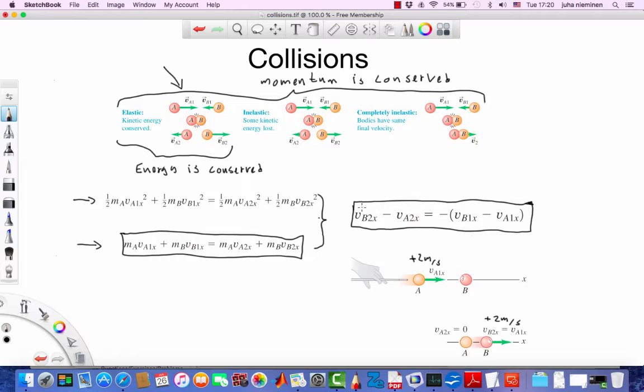So no matter if the movement is two or three-dimensional, we still get this relationship. And this is in fact another definition of elastic collision. The relative velocities have the same magnitude before and after, but opposite direction. And this result will come very handy when we are doing calculations with the elastic collisions.